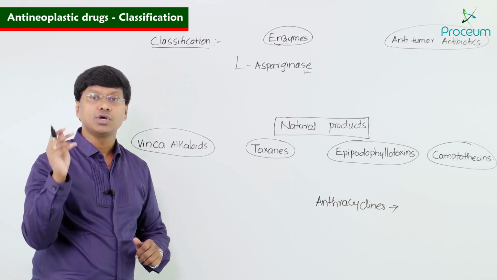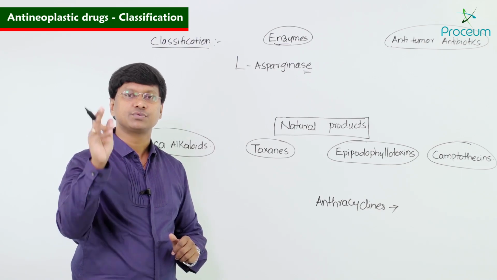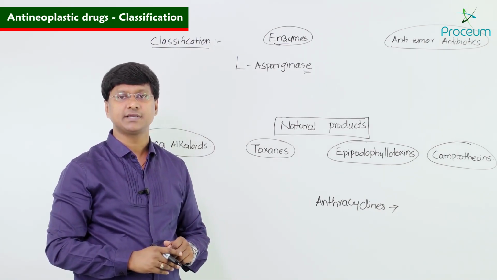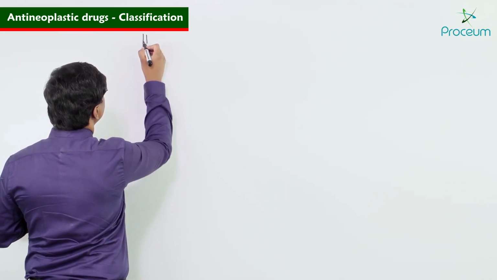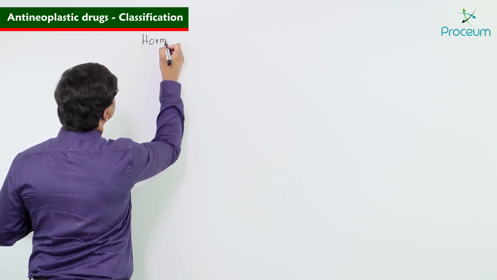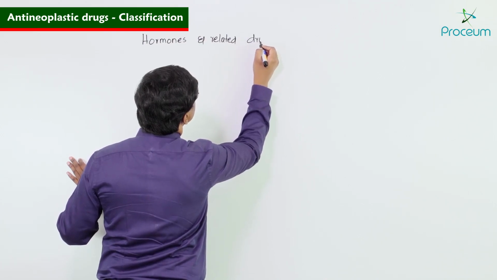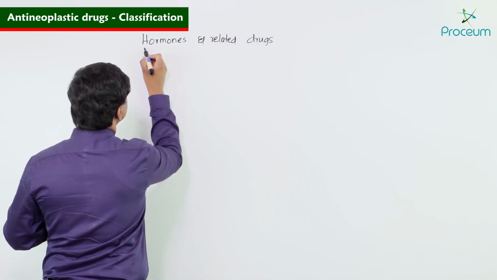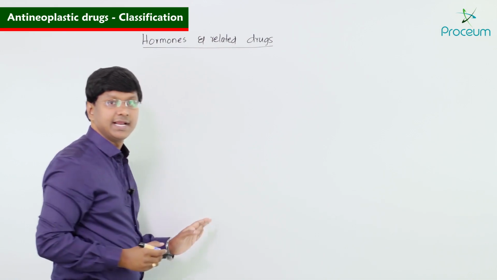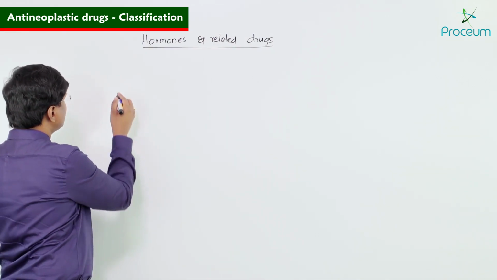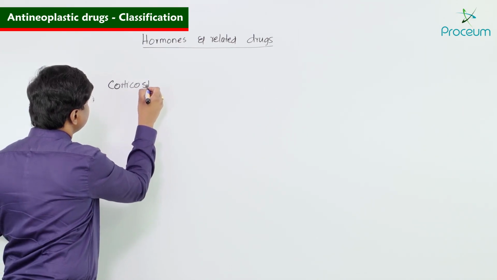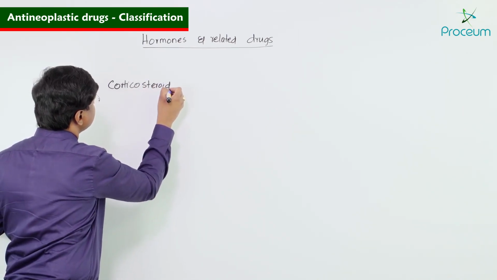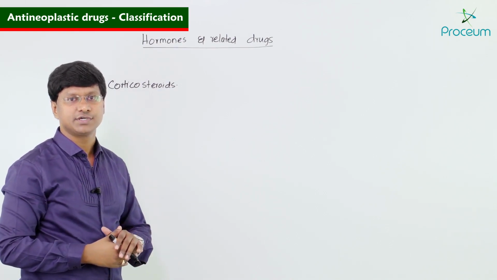Next, let me tell you the hormones and related agents which are acting as the antineoplastic drugs. The first group, if you see, corticosteroids. There are certain corticosteroids which are acting as the antineoplastic drugs.